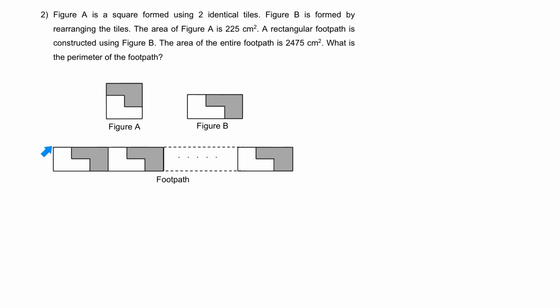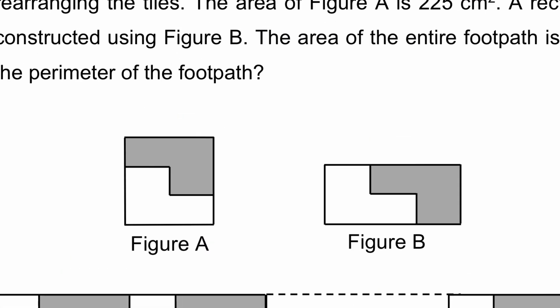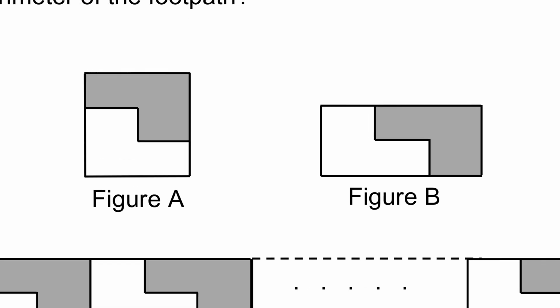Which means they want us to find the length plus the breadth plus the length plus the breadth. Essentially, we just need to figure out how many figure B's there are. Before that, we need to figure out the dimensions of figure A or figure B. Only then can we multiply. Let's zoom into figure A and B to analyze further.